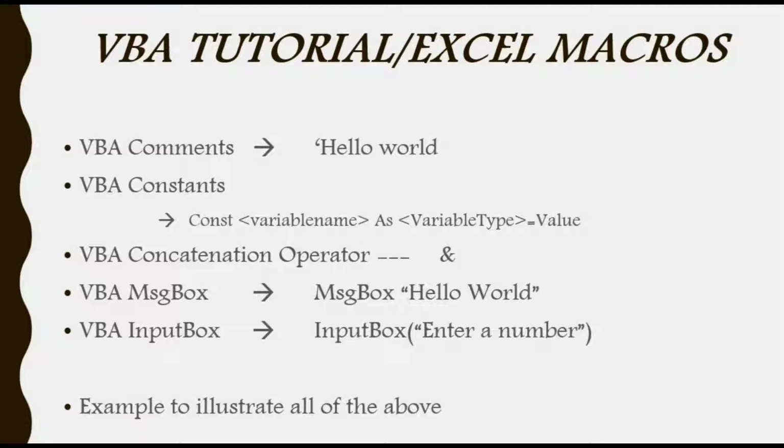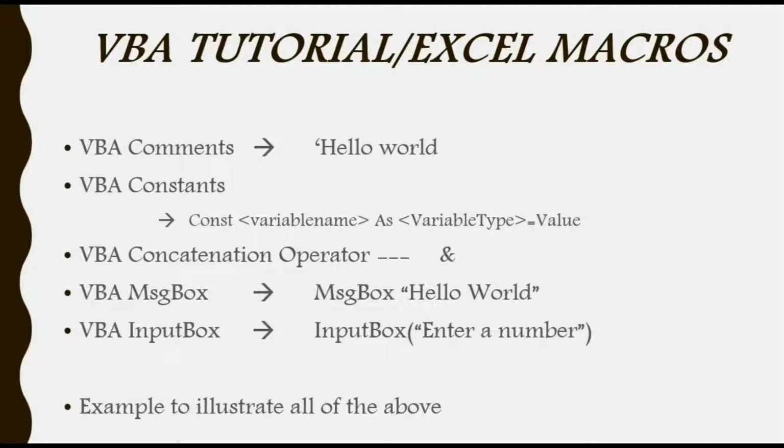And also the concatenation operator. If you have two strings like cognitive and hub, and you want to combine them as a single string, cognitive hub, then you can use either the ampersand operator or the plus operator. In VBA, both plus and ampersand have the same functionality, but I am using ampersand because most people use plus for addition, or will think of it as addition.